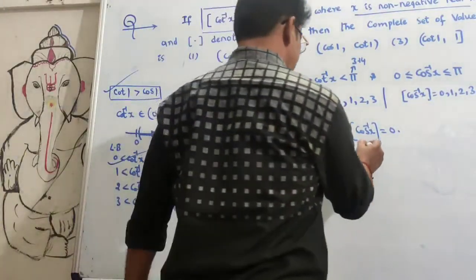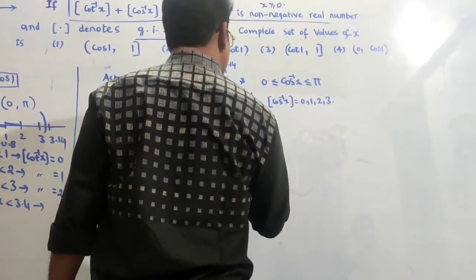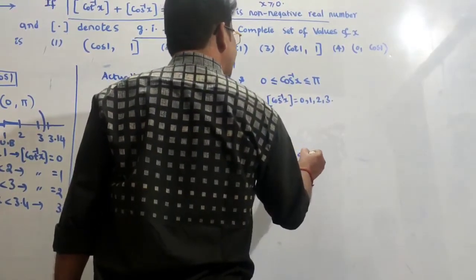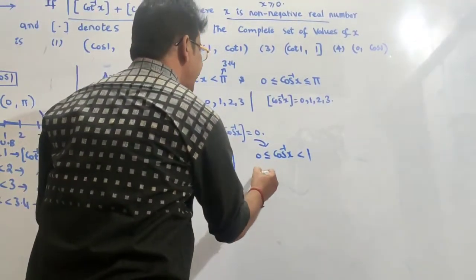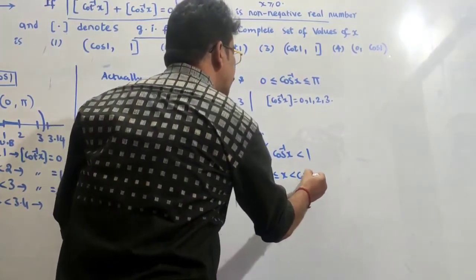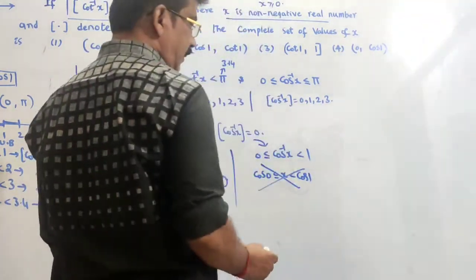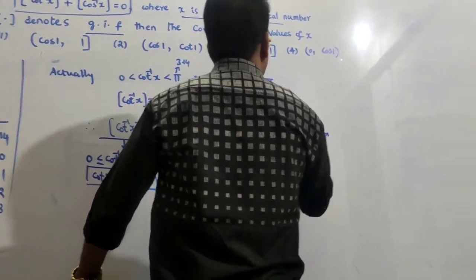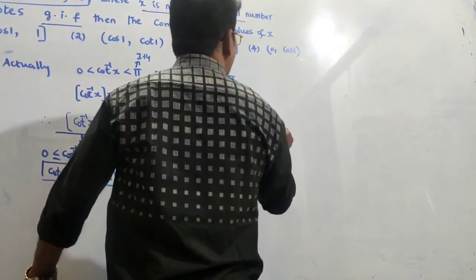Next, about this. So in this equation, 0 less than or equal to cos inverse x less than 1. Actually, here we are writing cos 0 less than or equal to x less than cos 1. Don't write like that, because it is the x-axis, y-axis, cos graph. It is minus pi by 2 to plus pi by 2.